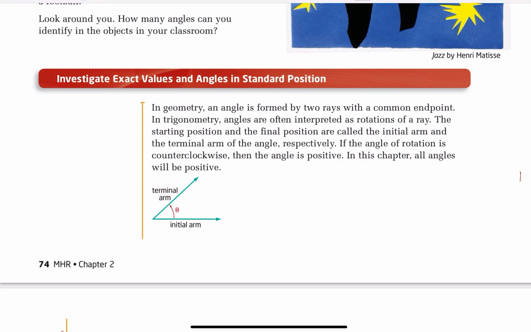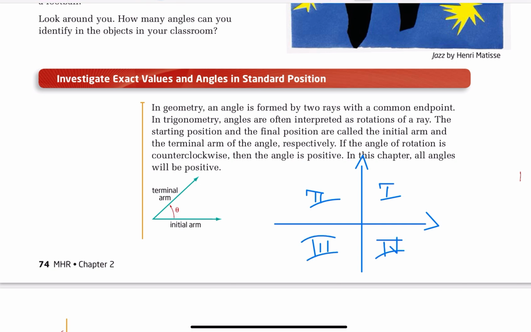You should also know some terminology: the initial arm and the terminal arm. Both of them are very important. The initial arm is always on the x-axis, starting from the x-axis, and the terminal arm can end up somewhere in quadrant 1 or 2 or 3 or 4.